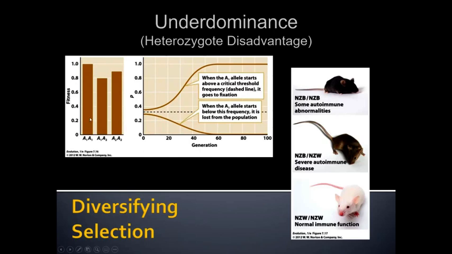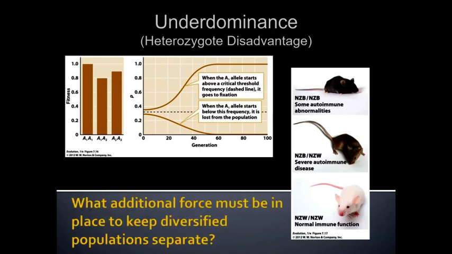And so in this case, the A1 allele is better than the A2 allele, so there'd be some force pushing these guys to extinction if they had to compete with those guys. And so in the more complex situations, this is called diversifying selection because, again, it can result in two distinct diverse populations.